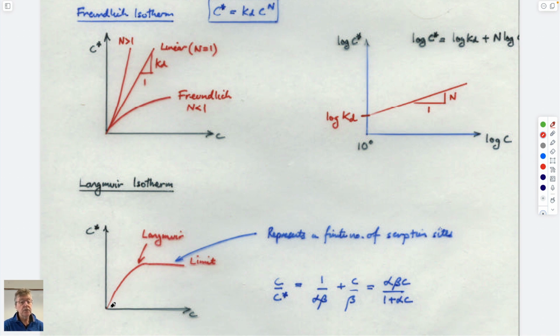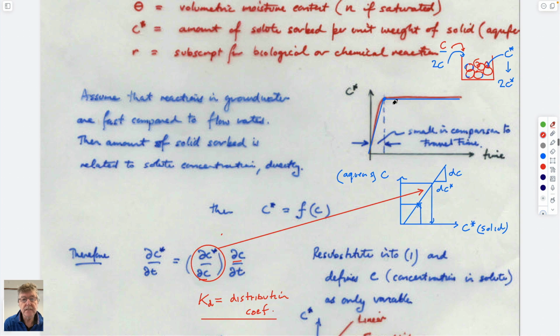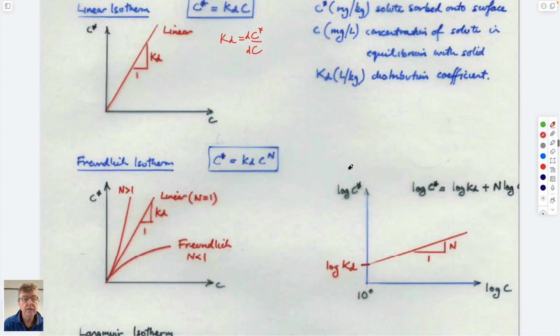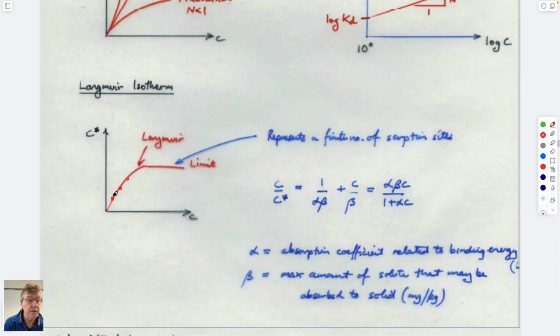It just means that as you increase the concentration, each of these points here, I guess it serves to note, would be the same as this one point here, right? You add it, it takes a time to come to equilibration, but once it's at equilibration, it's at that C star for all time. And so this represents one data point that would go on the isotherm here.